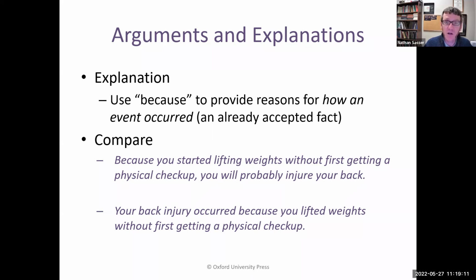That's not really in question. Is the speaker trying to prove to us that the back injury occurred? No, the speaker's not. The speaker is trying to show us what caused the back injury to happen. That's an explanation. In this case, the word because is denoting explanation, not argument.